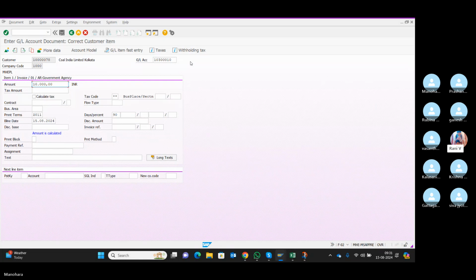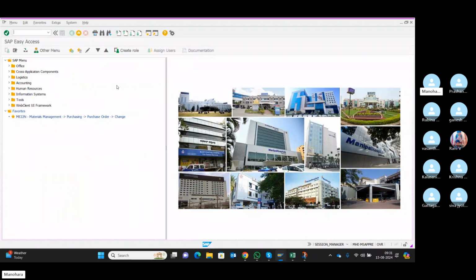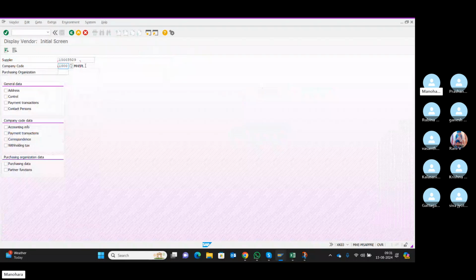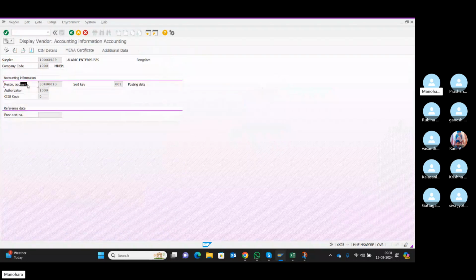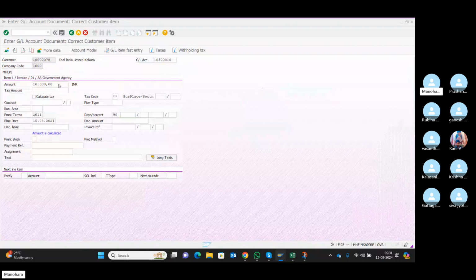When we create the customer, at that time we give the reconciliation GL account in the customer master. So inside the customer we give the subledger reconciliation account, right? Whenever you create a GL, customer or vendor, anything, we give it inside the GL. This is the reconciliation account; it comes here only.